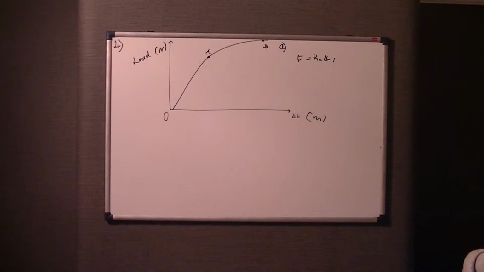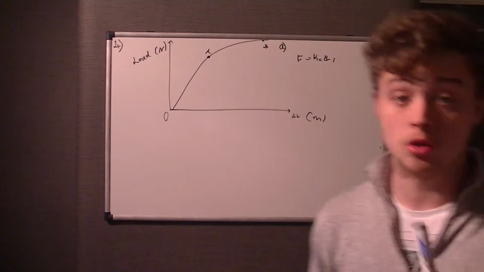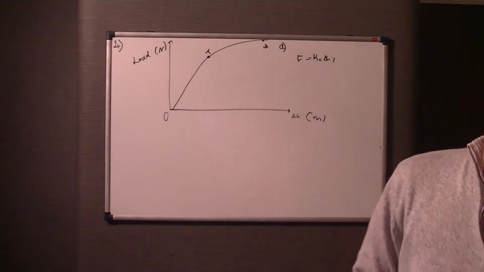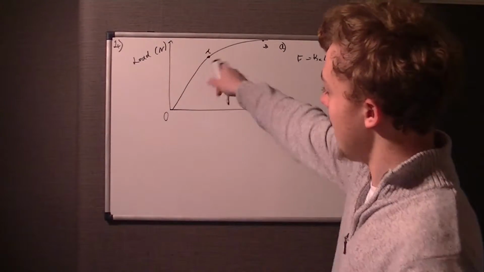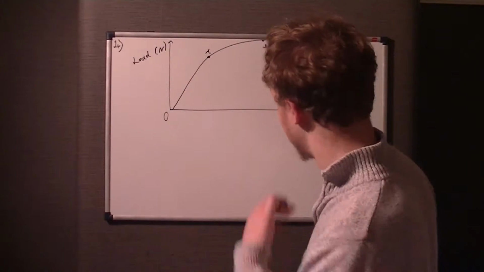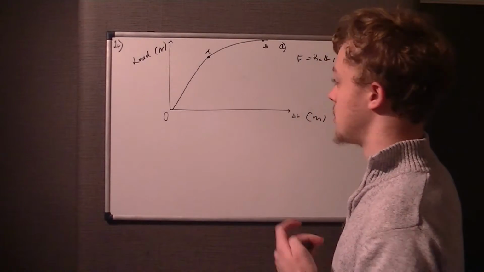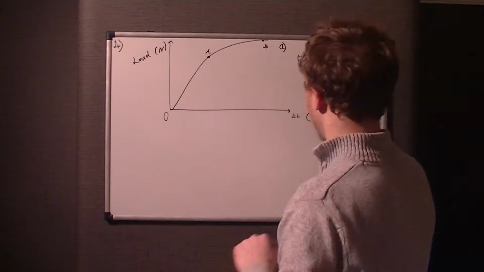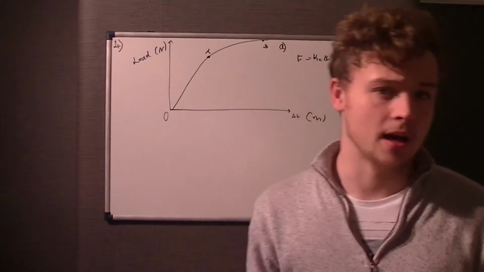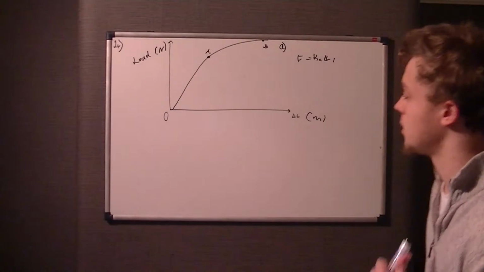Okay, so this next question asks us to calculate the spring constant for this spring. We know F equals K times delta L, so we've got F on the y-axis and delta L on the x-axis. So the gradient is the force over the extension, which, using the equation we stated in part A, should get us the spring constant.